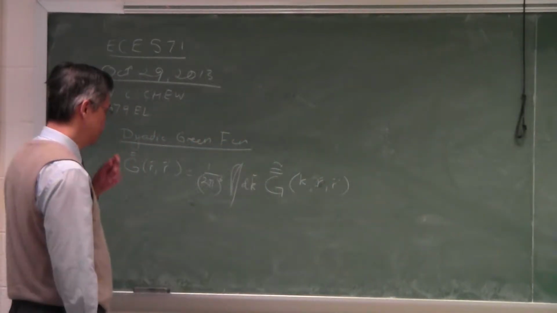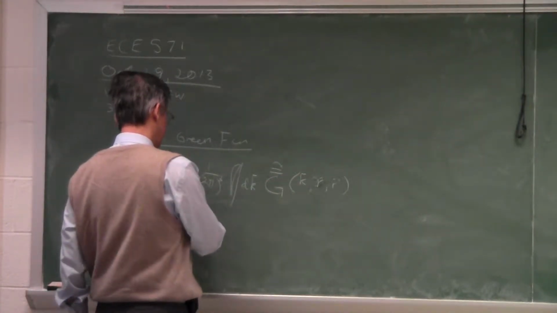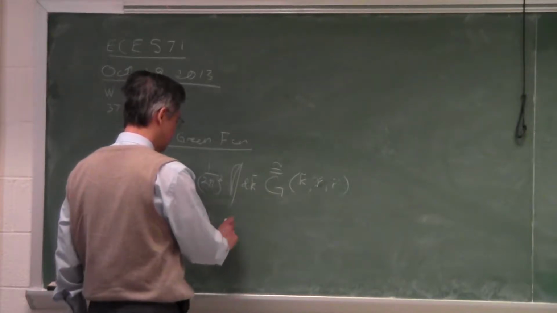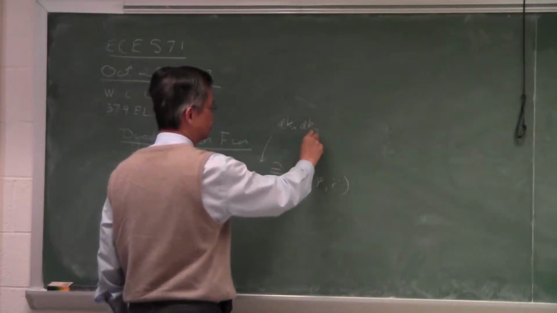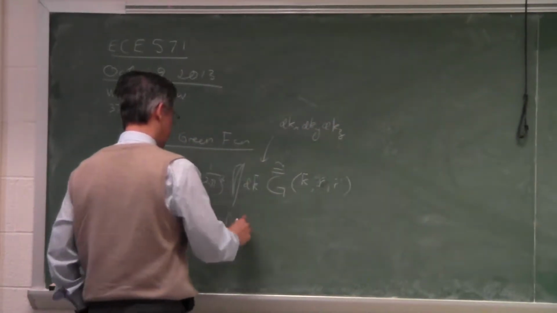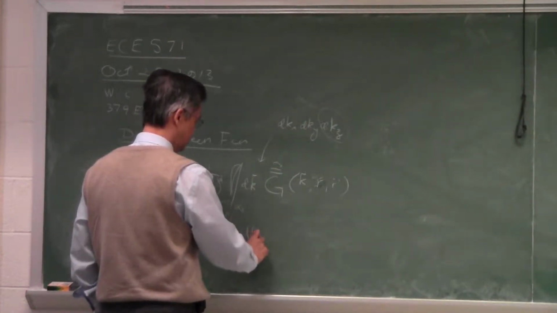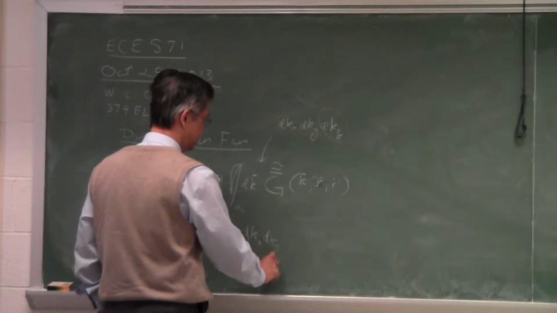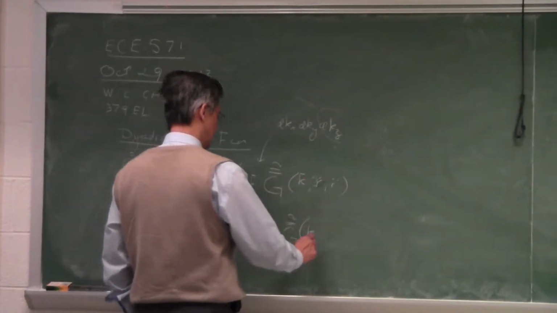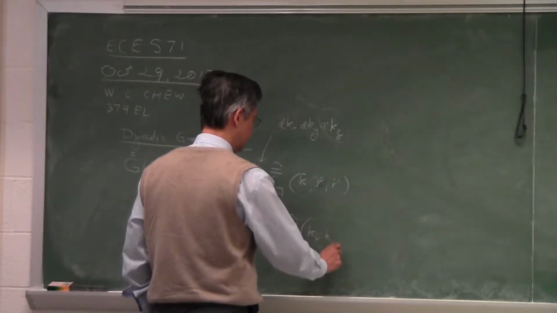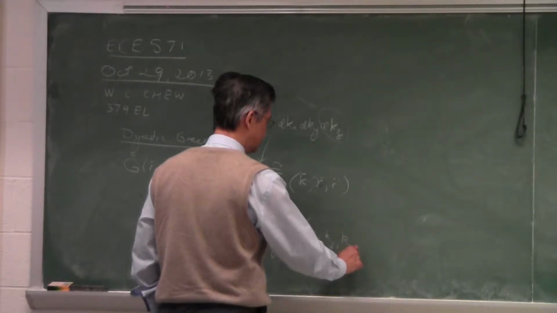And then what you find is that when you perform one of these integrals, which is what you are asked to do in the homework, this integral is three-dimensional. So if you perform one of these integrals first, you end up with dk_x dk_y g tilde (k_x, k_y), maybe k_z would be evaluated somewhere.